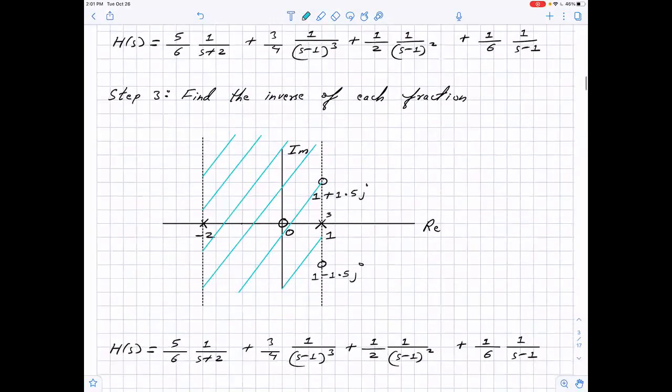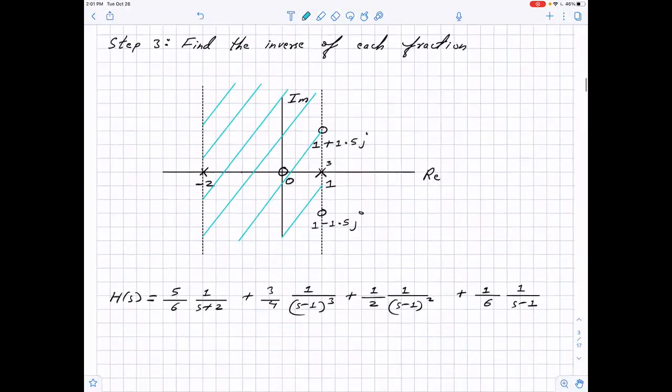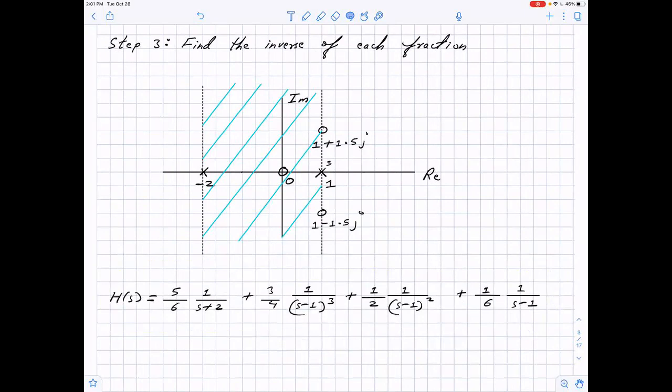And then we try to find the inverse of each term in H(s). So the overall goal is to find the inverse of the whole function, the linear combination of these 4 functions. And using the linearity property of the Laplace transform, we can focus on one term at a time.